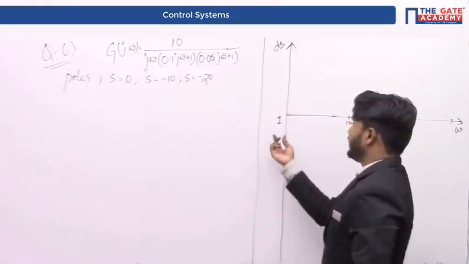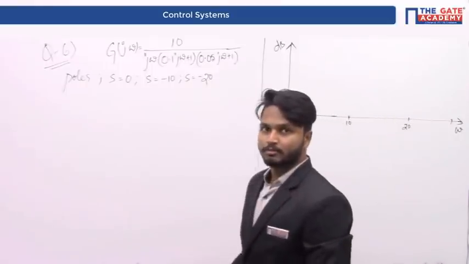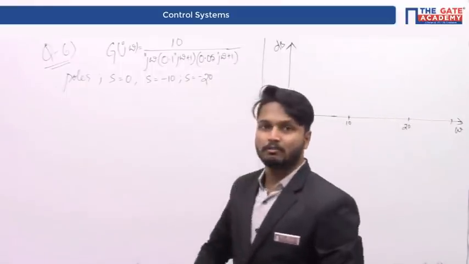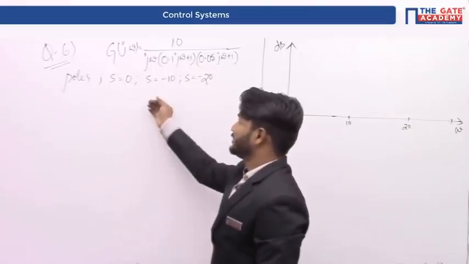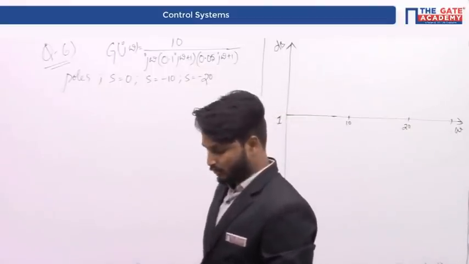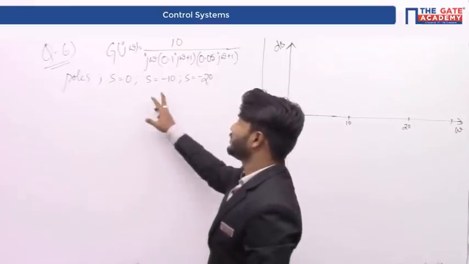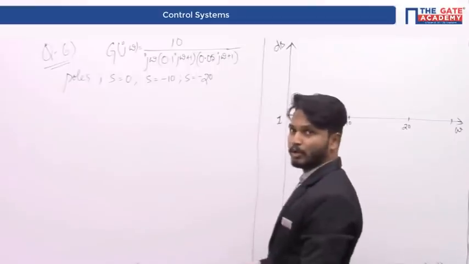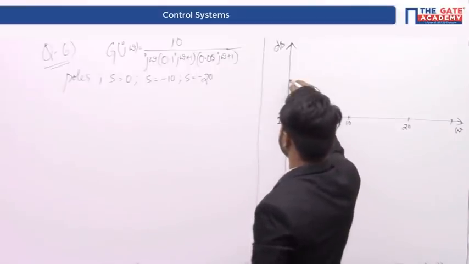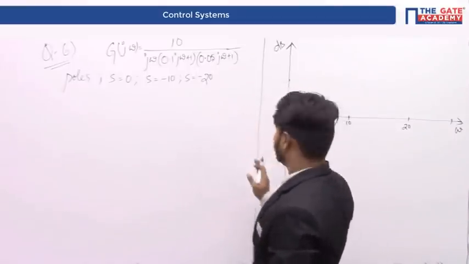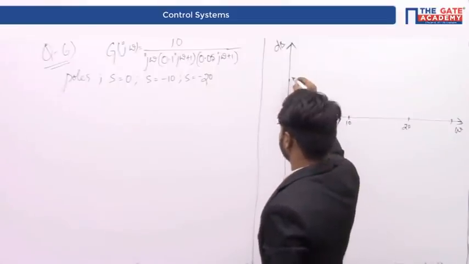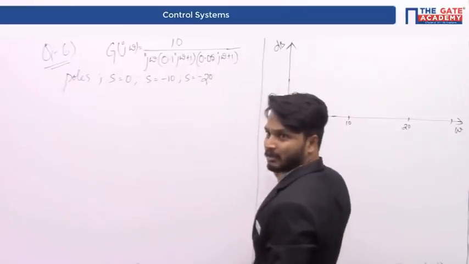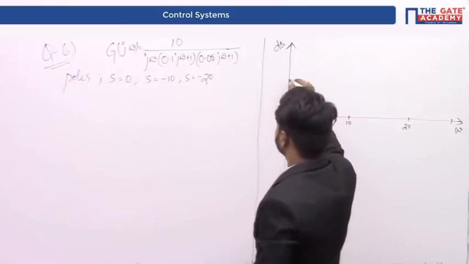So what is the gain of the system when omega is equal to 1? This is the given transfer function, which is already in the time constant form. So the Bode plot is going to intersect this particular axis at some point.